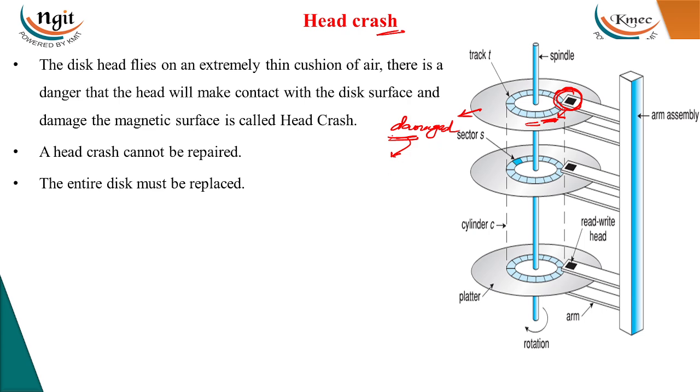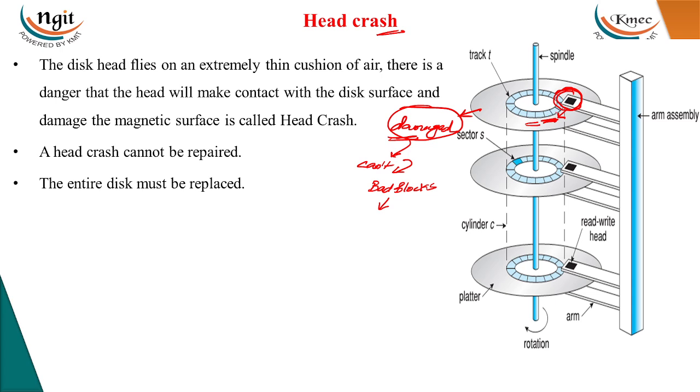Once these sectors or tracks are damaged, we cannot use them to store data. These damaged sectors we usually call bad blocks, so we cannot store any data onto them.